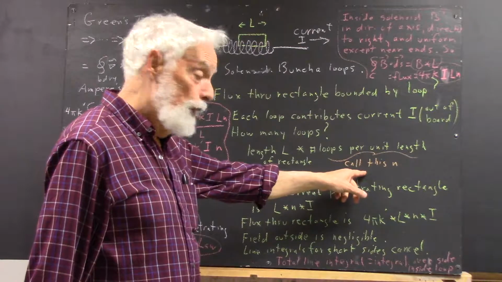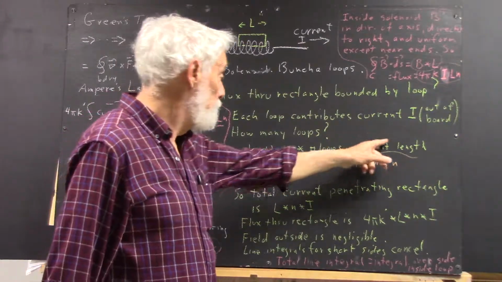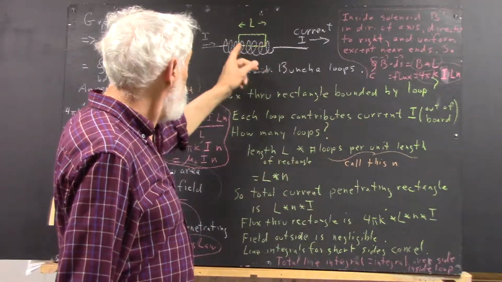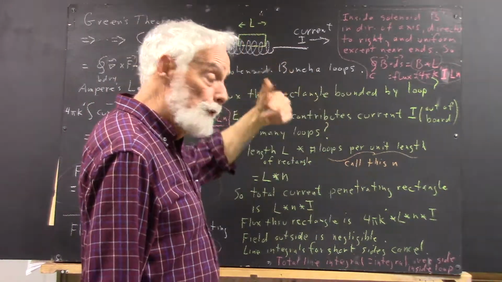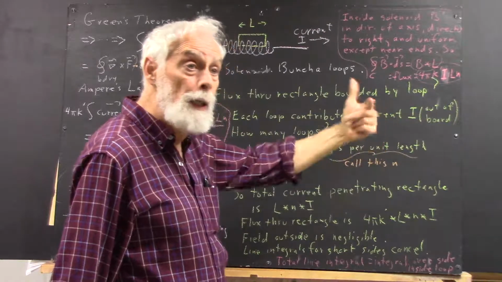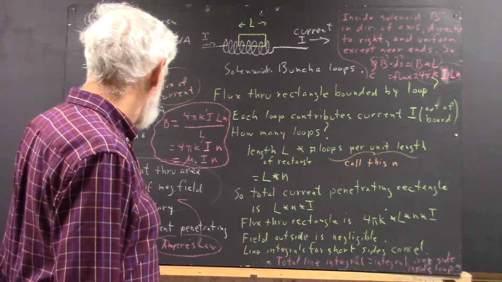If you multiply that number of loops per unit length by the length of the rectangle, you find out how many loops penetrate that rectangle, so how many times the current I penetrates the rectangle.